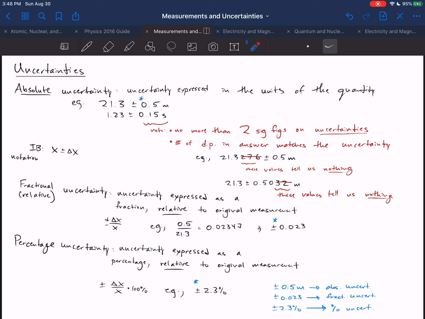In different situations in the IB, you will be asked for all three, and you should consider which makes sense in different discussions. Absolute uncertainties are super useful when you want to actually give a measurement or use a particular value. And you'll find that fractional or percentage uncertainties are more useful when you wish to discuss the relative precision of your measurement.